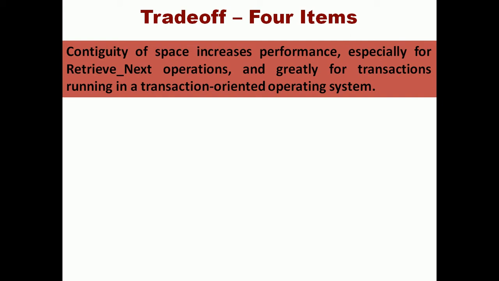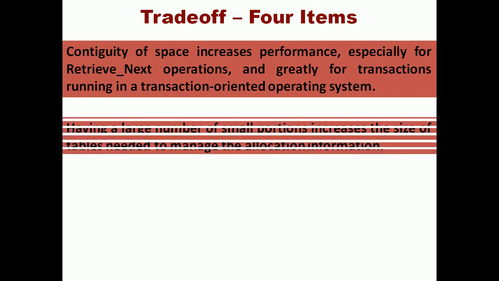One is that contiguity of space increases performance. The contiguous allocation increases the performance, especially for the retrieve next operation, and generally this will be used for transaction-oriented operating systems. That is, if we are allocating the blocks in a contiguous manner, it will increase the system performance.